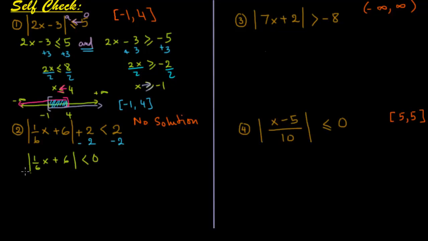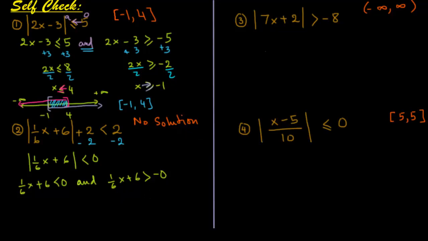Then the first inequality is 16x plus 6 less than 0, and the second: or/and, in this case it would be "and", 16x plus 6 greater than -0.